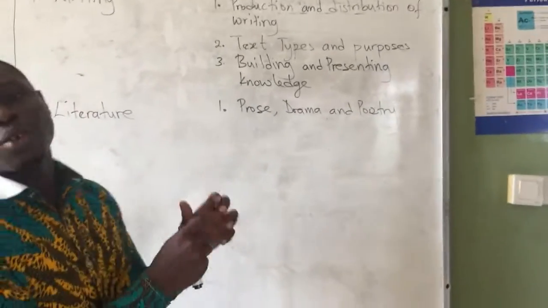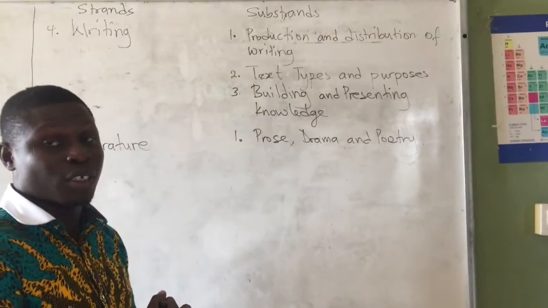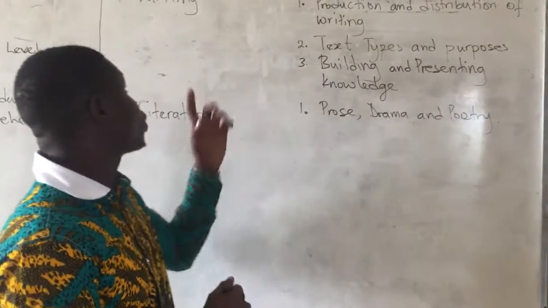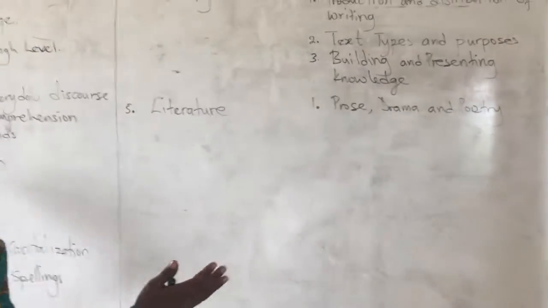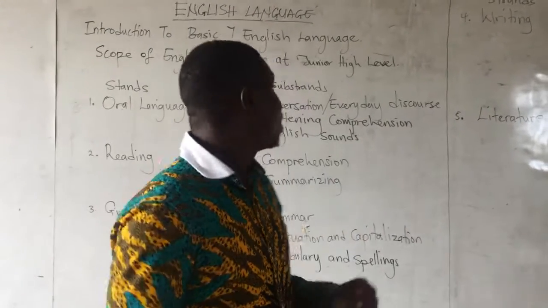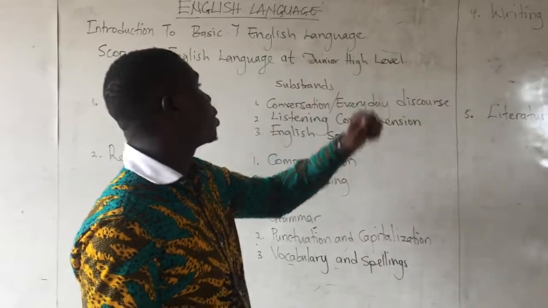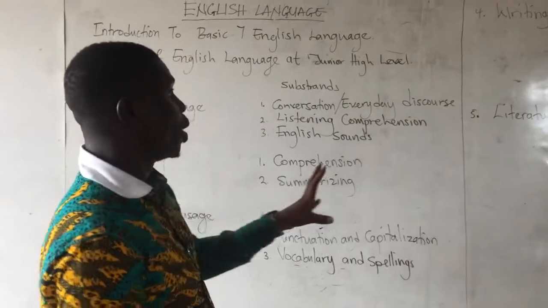It has been given its rightful title. So look at it in detail and you will enjoy the literature because it's one of the interesting strands of the language. So basically, this is the scope of English, the end of the scope of English language at the junior high level. So this is what we'll be doing.